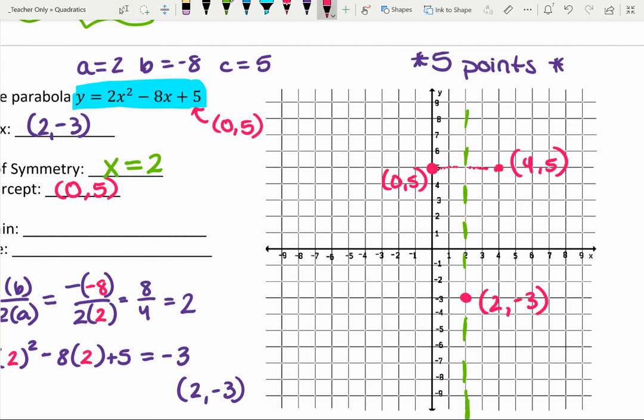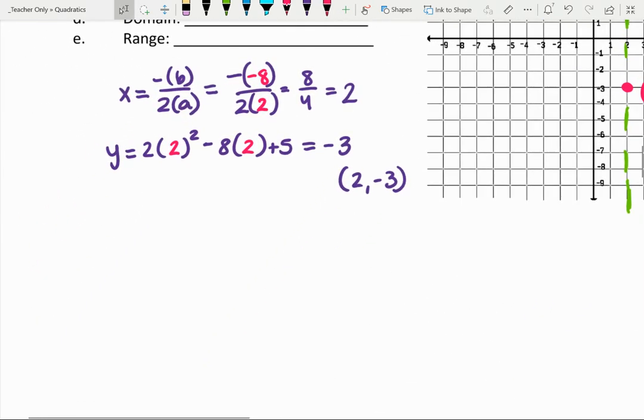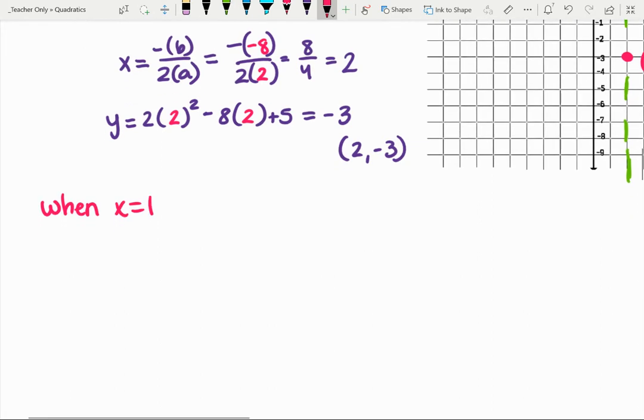So since I've got something at x equals 0 and x equals 2, I wonder what's going on at x equals 1. So that's my strategy here: I'm going to try when x equals 1, what happens. So y is equal to 2 times 1 squared minus 8 times 1 plus 5.